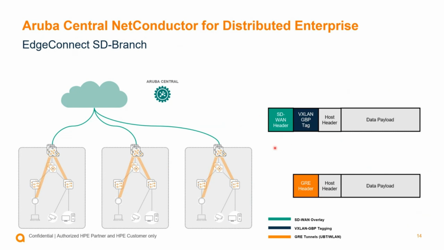It's encapsulated in the SD-WAN header, and not the VXLAN encapsulated header, just the GBP tag, and that can be sent to a gateway cluster on the edge of our overlay network. This is how we get that end-to-end integrated security policy that we can manage from Central.